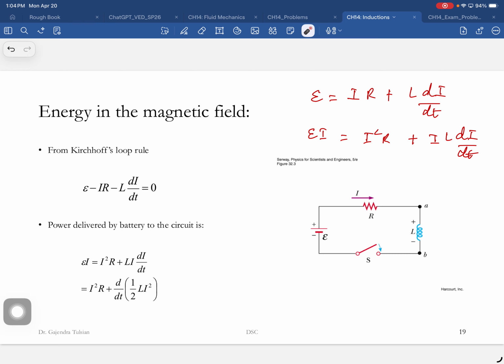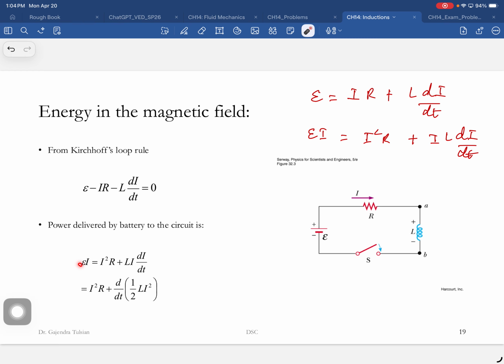Okay, the reason we did this is, see, this is the rate at which the battery is delivering power. This is the rate at which this load is dissipating power. Okay, so this is the rate at which power is being delivered. This is the rate at which energy is being dissipated in this resistor. Okay, so rate at which power is delivered, rate at which power is dissipated in the load, and this term can be written as d by dt of 1/2 Li squared.